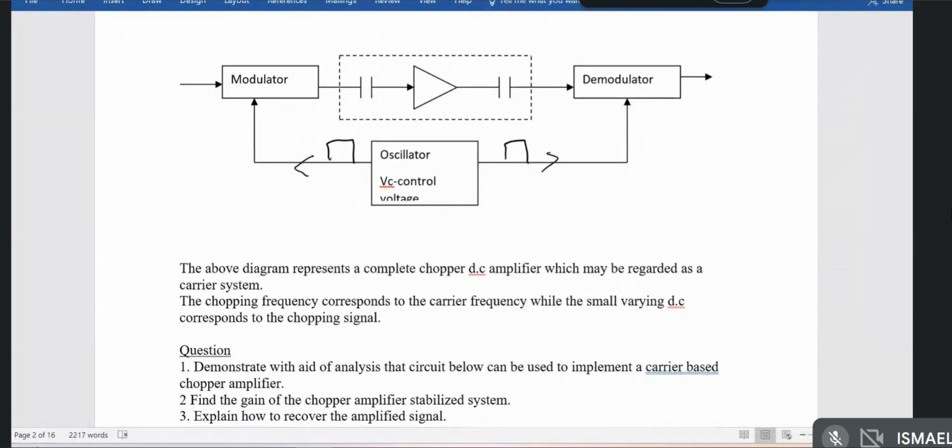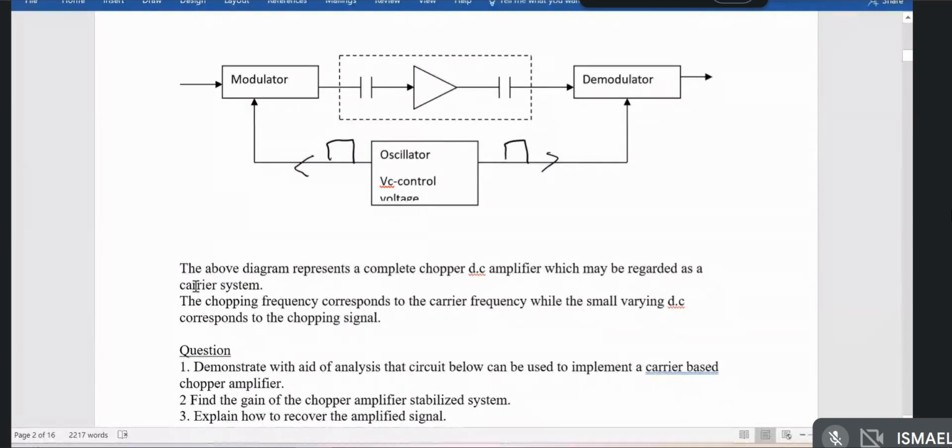a chopper stabilized amplifier. Okay, so I've written here, the above diagram represents a complete chopper DC amplifier. They're referred to as DC amplifiers because they can amplify voltages which vary very slowly with respect to time, which may be regarded as a carrier system.